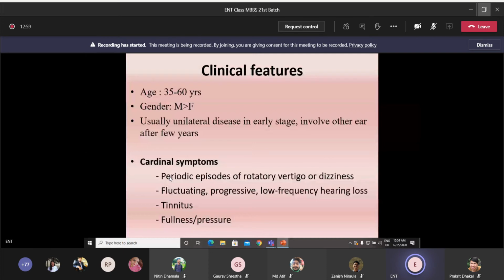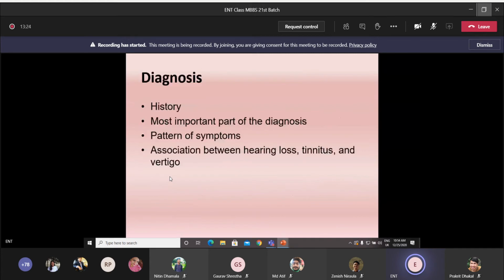There are periodic episodes of rotatory vertigo or dizziness. There is fluctuating, progressive, low-frequency hearing loss. There is ringing of the ear, which is known as tinnitus. And the patient feels fullness or pressure over his or her ears. So these are the cardinal features that the patient will have.